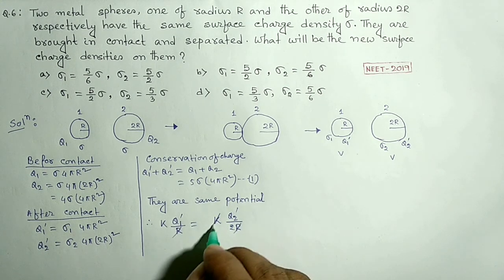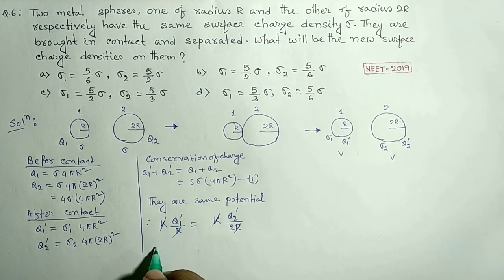Now r cancels, k cancels, so it implies that 2 Q1 dash equals Q2 dash.